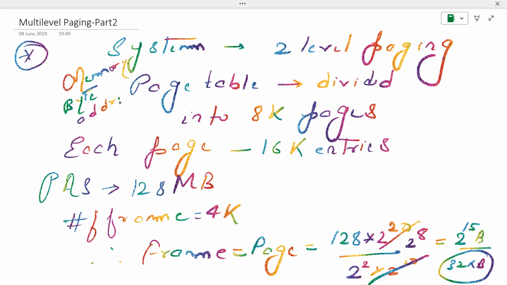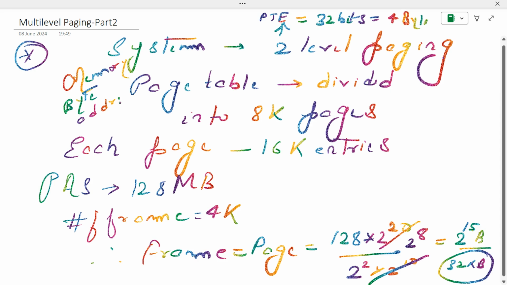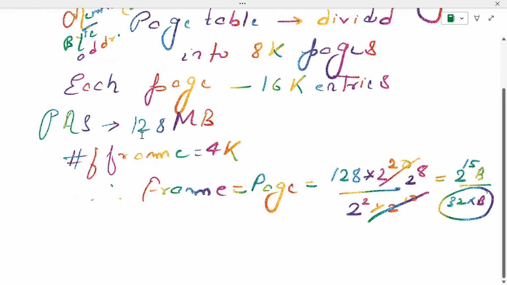Now we have said that the page table entry size in both the levels, so there are two levels, is 32 bits. Now 32 bits is how many bytes? It is 4 bytes. So we have been given the PTE. Now the page table is divided into 8k pages.